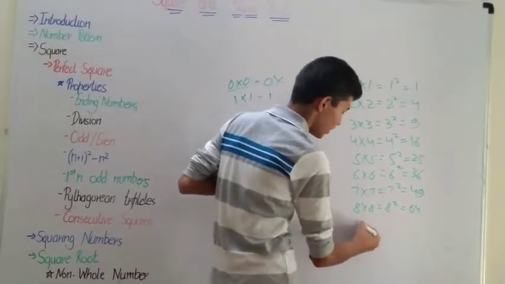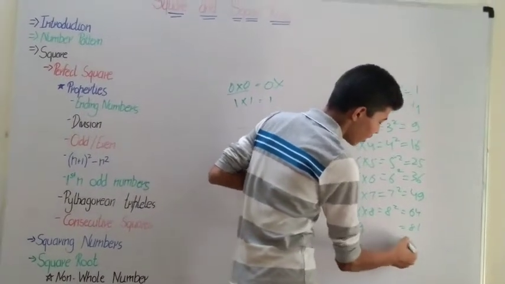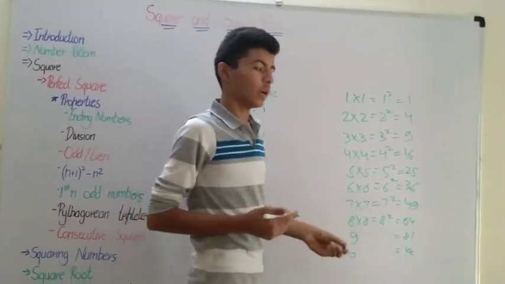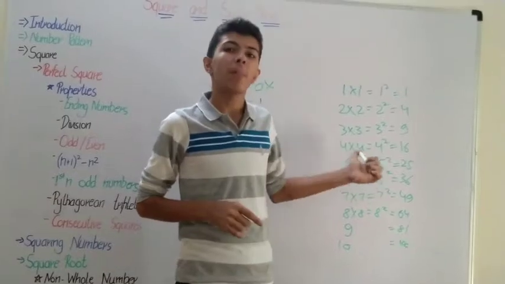If we consider 9, it would be 81, and for 10 it would be 100, then for 11 it would be 121, and so on. So these are the examples of perfect squares.